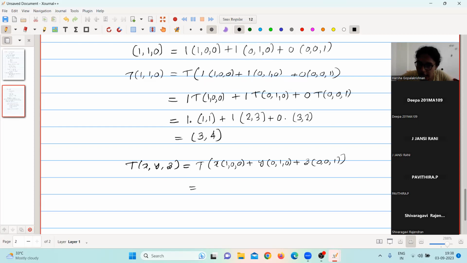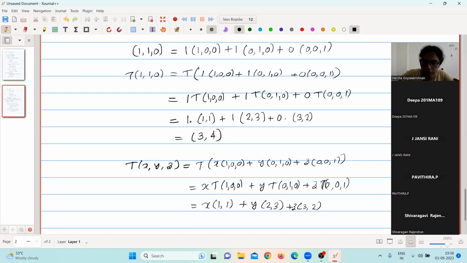And as T is linear, we can take it as x into T of (1,0,0) plus y into T of (0,1,0) plus z into T of (0,0,1). Now we will give the values. We already know T of (1,0,0) is (1,1), T of (0,1,0) is (2,3), and T of (0,0,1) is (3,2).